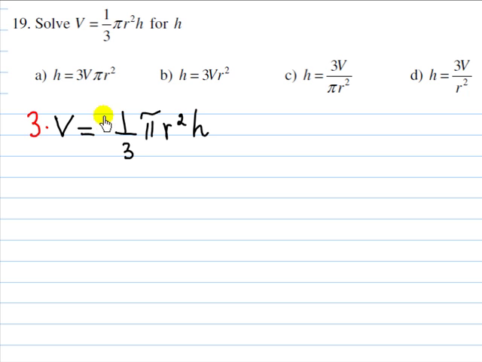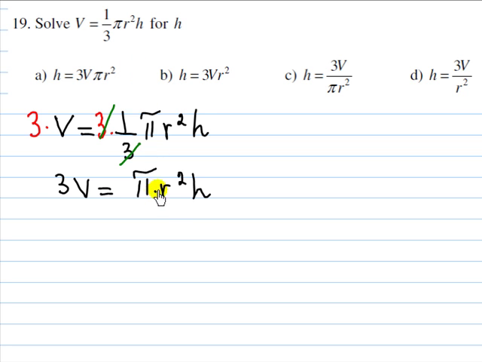That's 3 times that, 3 times this. Then, of course, we can cancel that 3, and what we'll have is 3 times V equals pi times r squared times h.